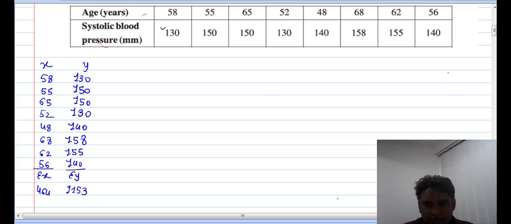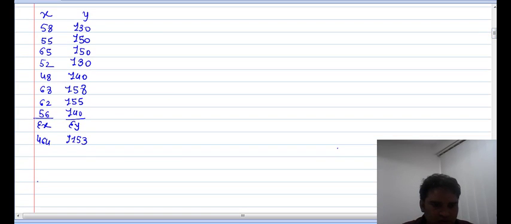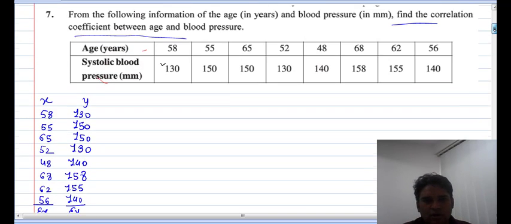And now we will find the x bar. So x bar is sigma x upon n, so it would come 58, and y bar will come 144.125. You can see one of the numbers is non-integer, so it's confirmed that we will use the shortcut method only.